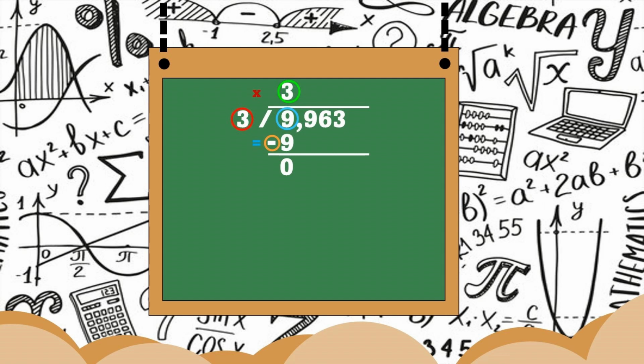So the first number of our quotient is 3, which we will then multiply by our divisor, which is 3. So 3 times 3 will result in our first subtrahend, which is 9. Our first term is 9, then we will subtract our subtrahend, which is also 9. 9 minus 9 is equal to 0.